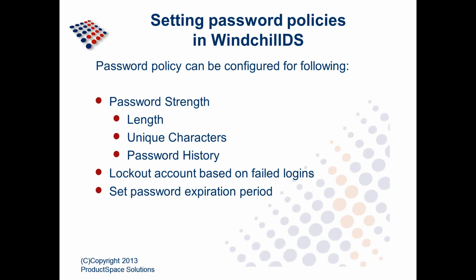The directory server allows you to add various password policies that define the strength of the user password, such as length of password and number of unique characters that need to be in there, and also to lock out an account if there are repeated failures, or set an expiration period for the password, so that users have to change their passwords periodically. All these rules can be configured within the Windchill directory server, and we'll explain how you can use those.